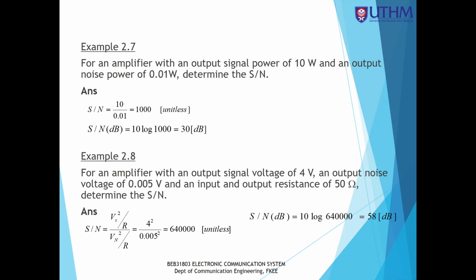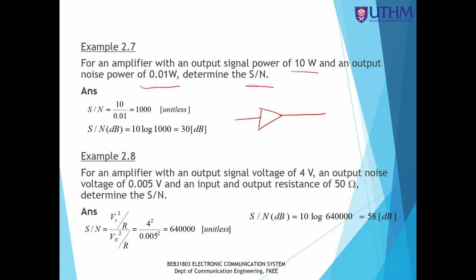Let's look at the example. Example 2.7. For an amplifier with an output signal power of 10 watt and output noise power of 0.01 watt, determine the S over N. Okay, so it is an amplifier like this.